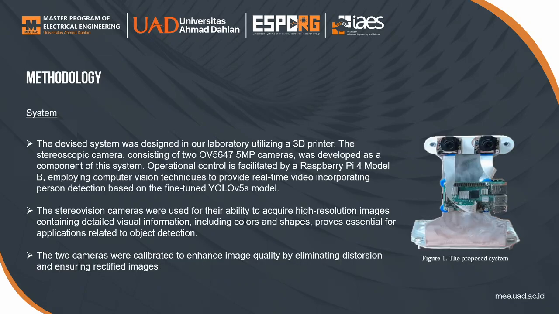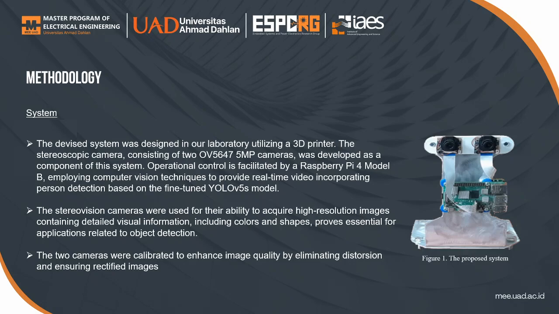In contrast to these studies, we worked on fine-tuning YOLOv5's model for person detection in various environmental conditions, prioritizing simplicity and efficiency. The device system was designed in our laboratory utilizing a 3D printer.